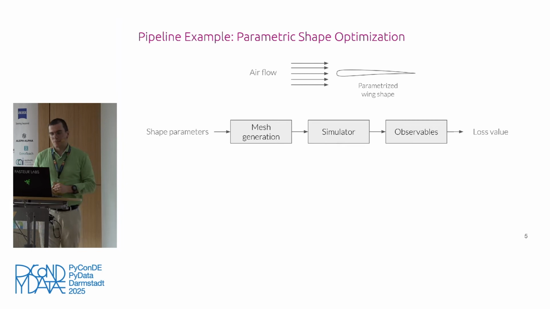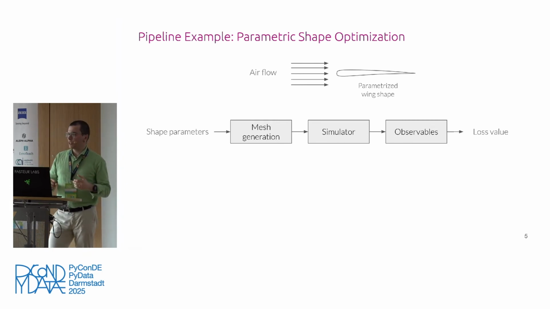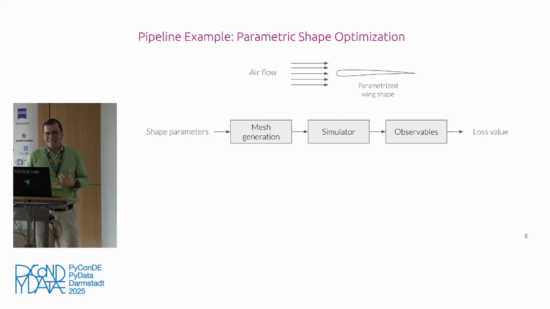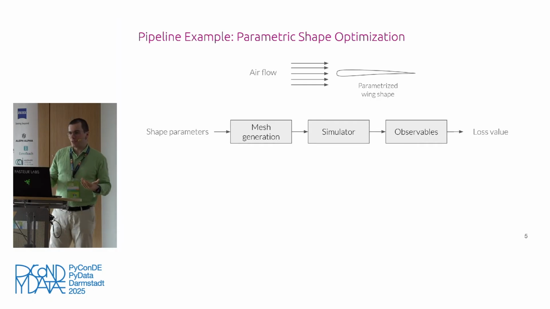So very ideally, the pipeline could look like something like this, where you start with the shape parameters that define really the shape of your wing. And of course, though, this is very specific to your problem. You cannot just give this value to a solver and hope that this works. So you need some intermediate step of mesh generation where you take these parameters and actually generate a 3D shape that corresponds to your wing.